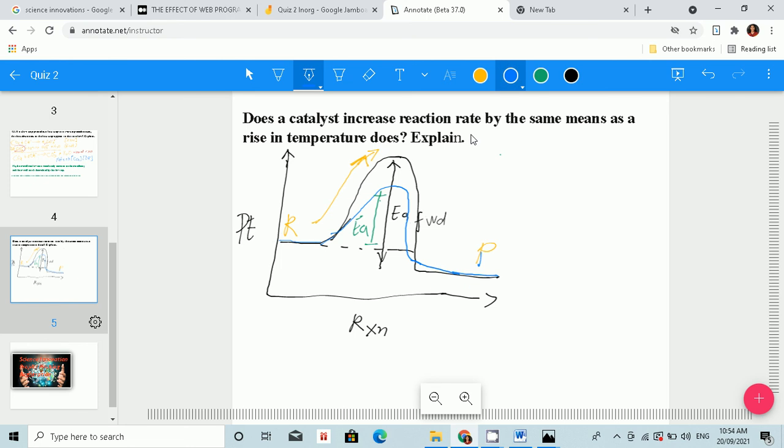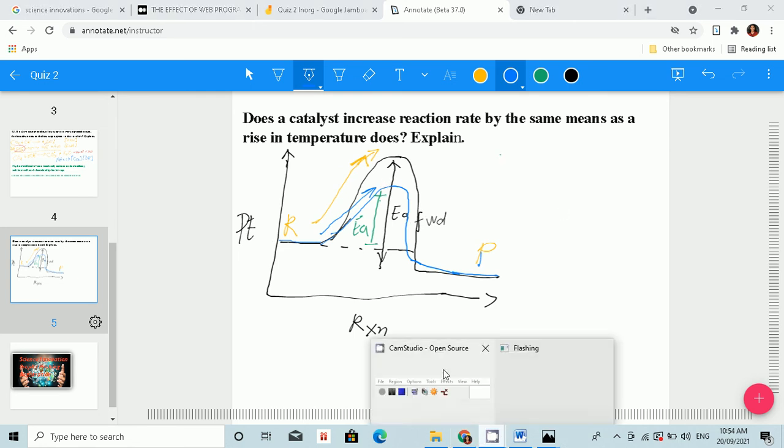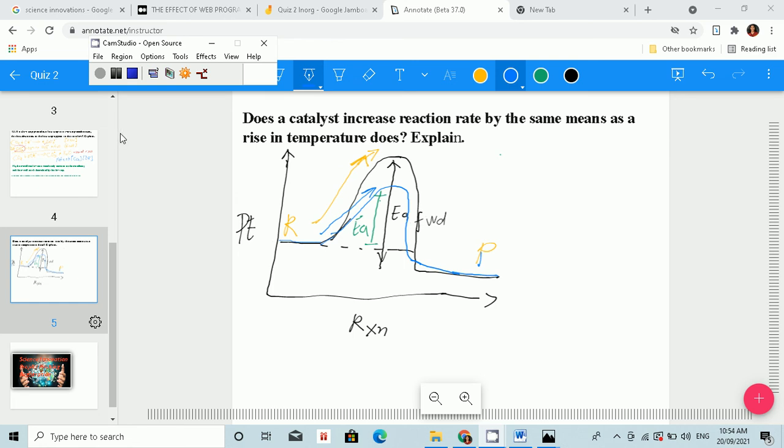Whereas if there's a catalyst, the reactant would proceed over a lower barrier, depending on the strength of the catalyst. If it's very strong, then we can have a faster rate of reaction.